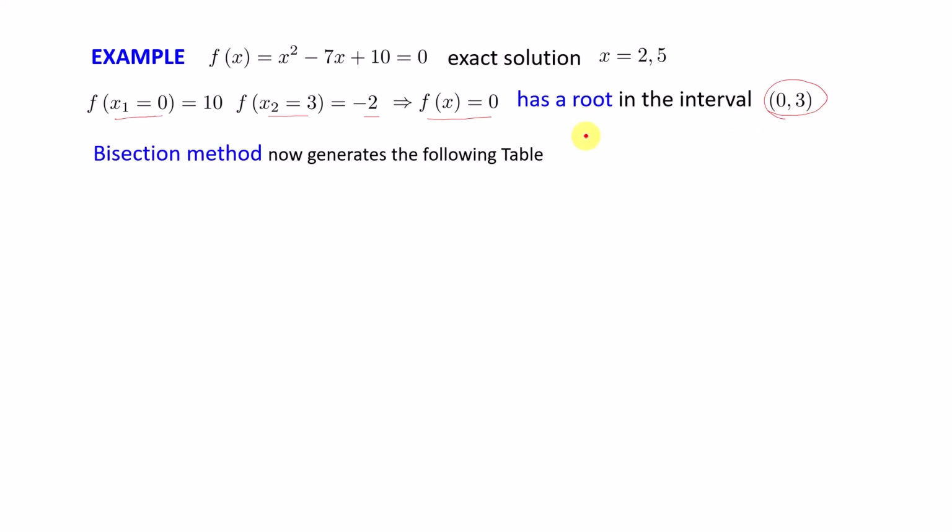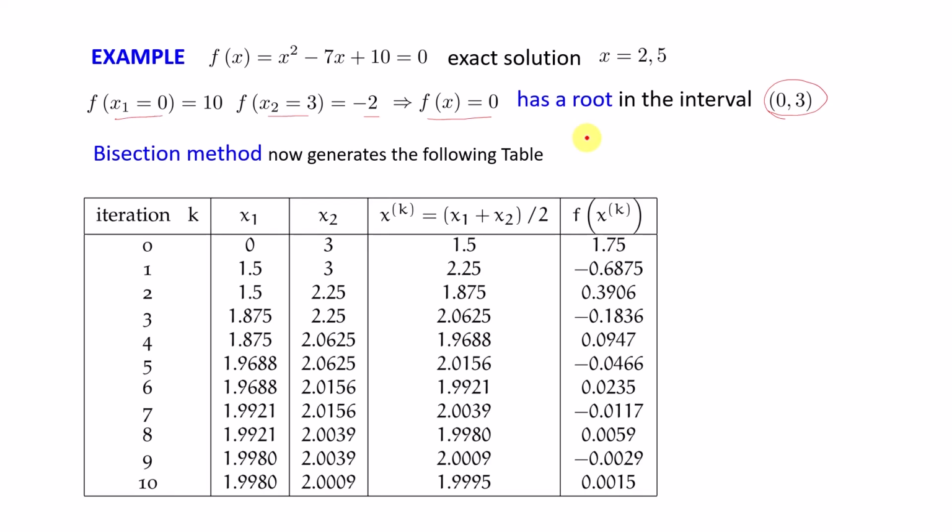So let us try to find that root. If I keep on calculating and create a table, I'll get a table like this. This is my iteration counter, first column. In iteration 0, I have x1 equals 0 and x2 equals 3. So my x is the average of these two, that is 1.5, and f of x is 1.75. Remember that when f of x is close to 0, we have sort of reached the solution.